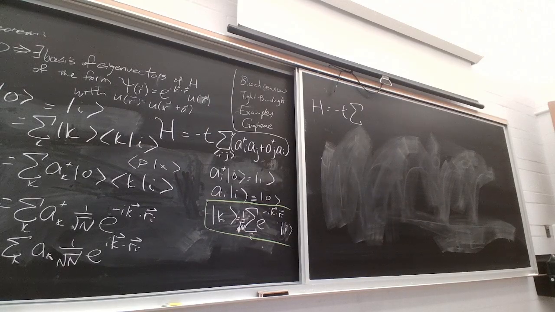So let's instead rewrite H in a basis of eigenvectors of the translation operators. Does that make sense as a goal? And hopefully then the Hamiltonian will be easier to diagonalize once we write it in the basis of eigenvectors of the translation operator.